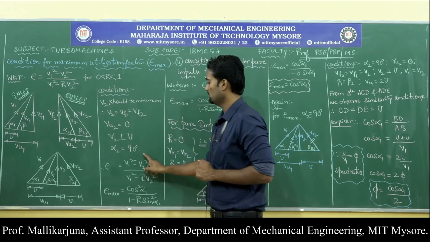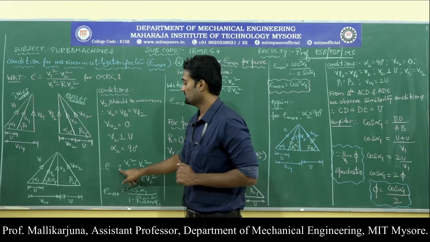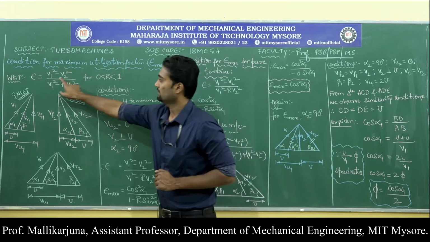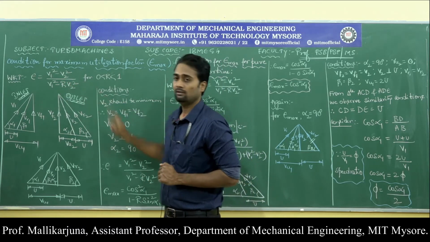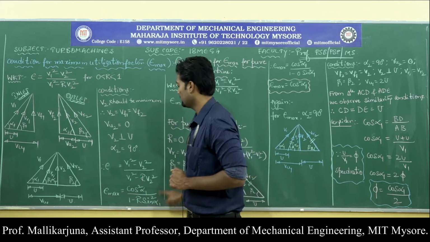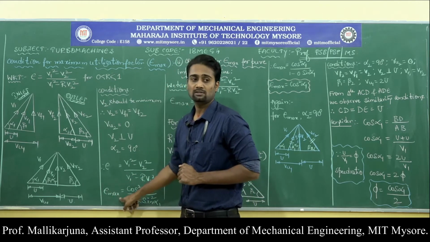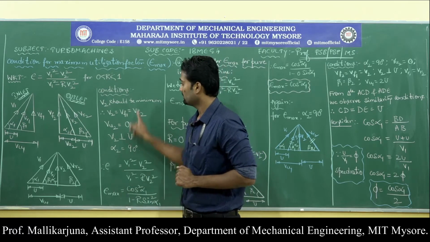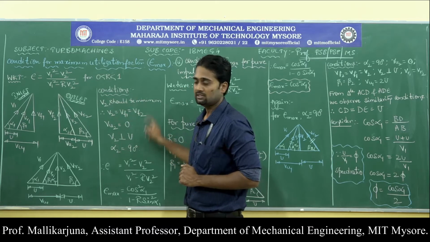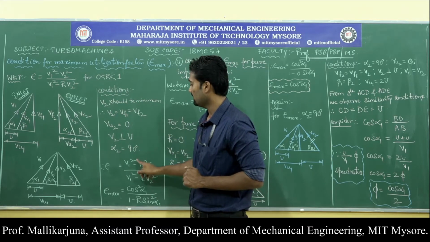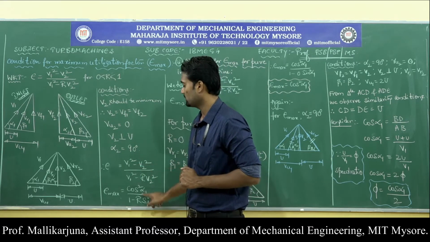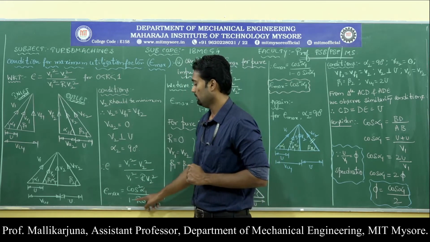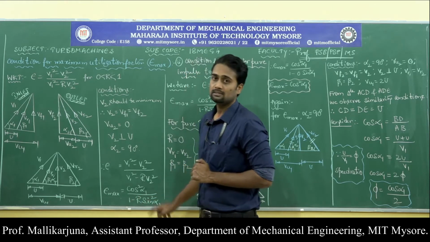So, now please look onto this. Epsilon is equal to V1 square minus V2 square divided by V1 square minus R times V2 square. That is the main equation I have written. Then you have the reduced condition for epsilon max. This epsilon max is obtained by applying these conditions into this equation, and it reduces to the trigonometric function cos square alpha 1 divided by 1 minus R sin square alpha 1.